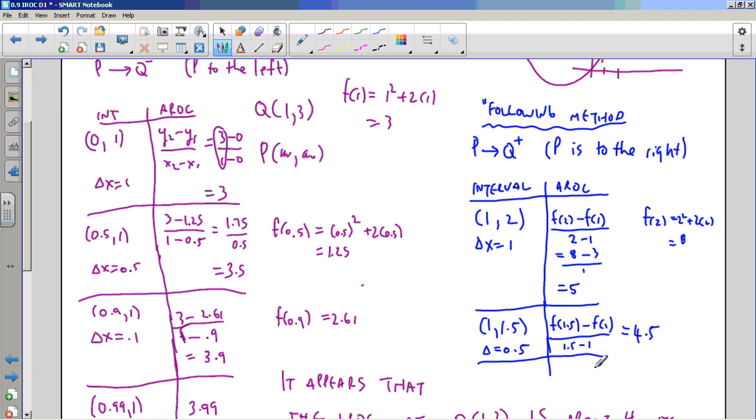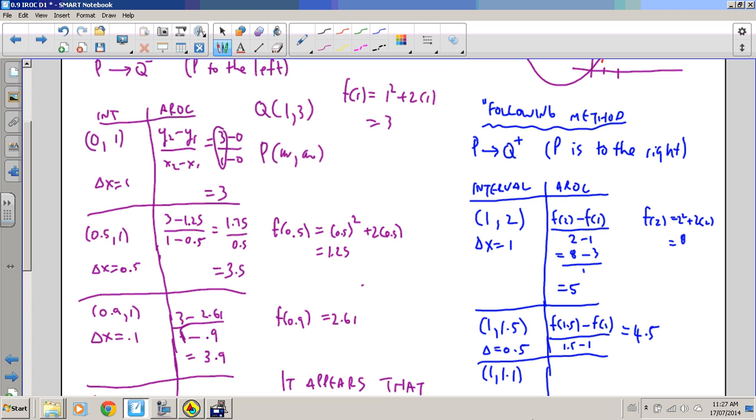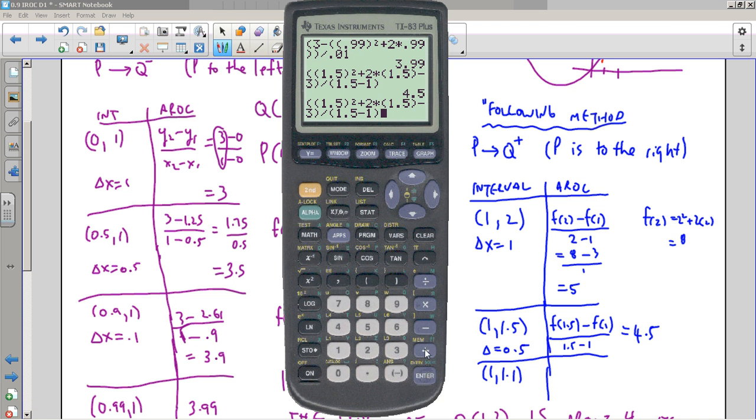I already know the answer is 4, but I'm expecting this to get closer and closer to 4. What would be the next point? Q starts at 1, and now I want this value to get even closer to Q, with a delta x value of 0.1. This is going to be 1.1, right? Now notice that I'm getting a little bit lazy, but I've shown the pattern.